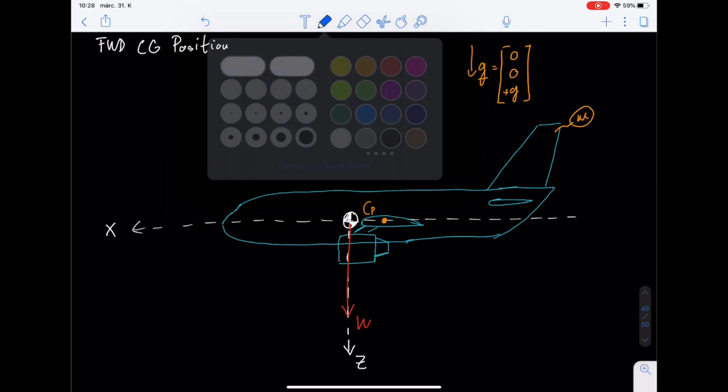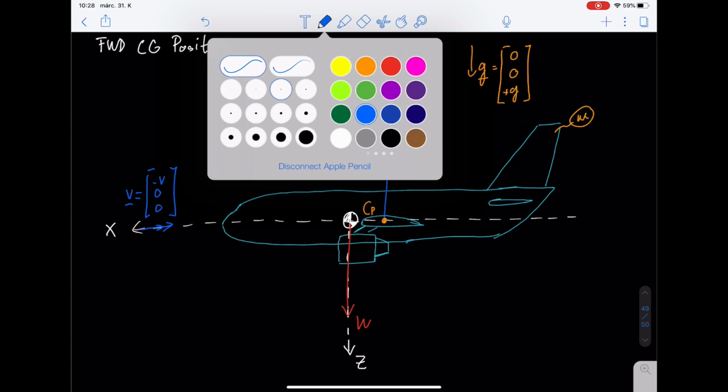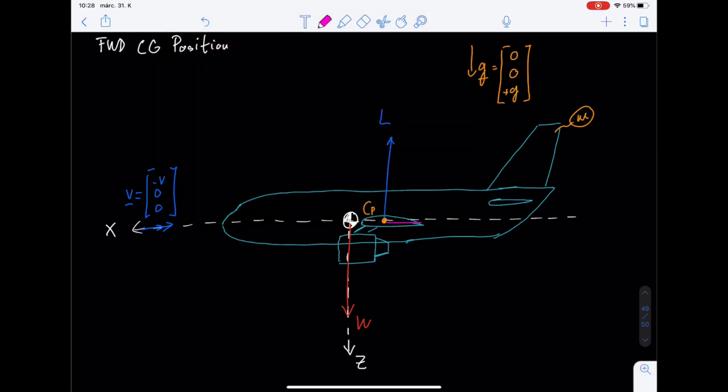If we have a direction of relative airflow, so in the negative longitudinal direction, in that case we're also going to be generating aerodynamic forces on the wing. So we would have a lift, and we will also have a drag force generated.